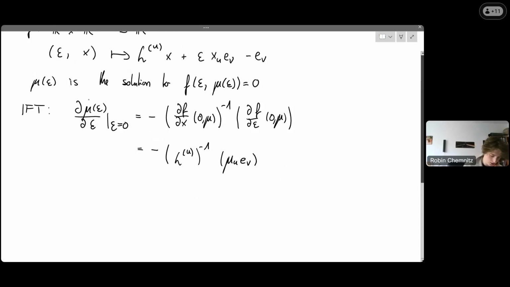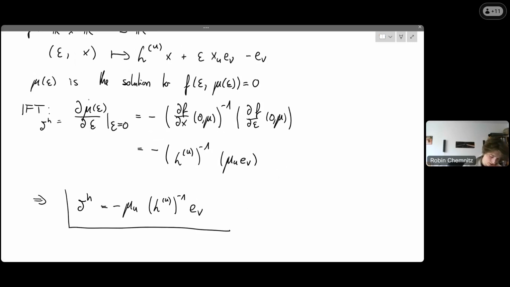So since this was defined as delta H, we arrive at delta H is minus mu U L_U to the minus 1 e_V. And this we will need for later.